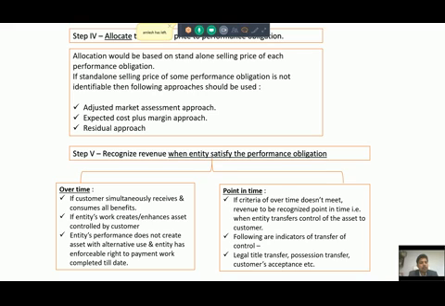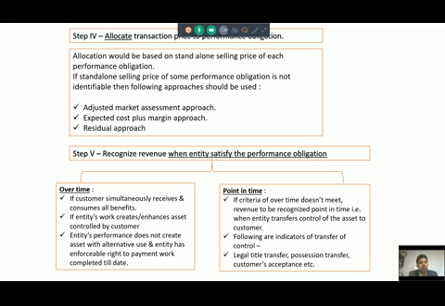Then, if the entity's work enhances an asset controlled by the customer. For example, the entity is providing some services related to the immovable property of the customer, and the entity's work creates immovable property for the customer, then this is a case of satisfying the performance obligation over time.